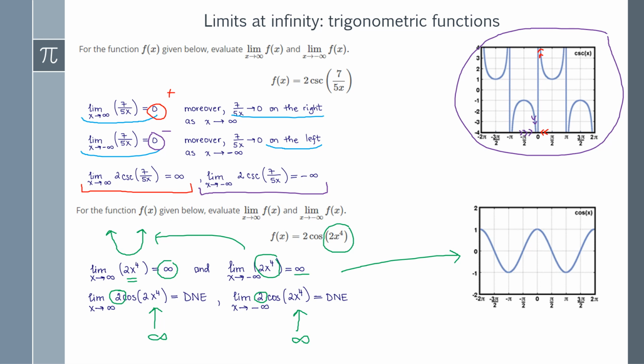Why not? Because this function cosine, what type of behavior does it exhibit? It just oscillates infinitely. We're not going to get a number that it is approaching. So you can also graph this with Desmos to confirm. You will see that the graph just oscillates. All right, so that's why we would say does not exist.